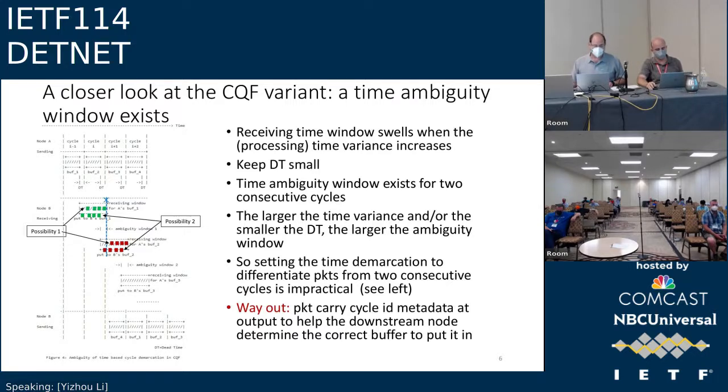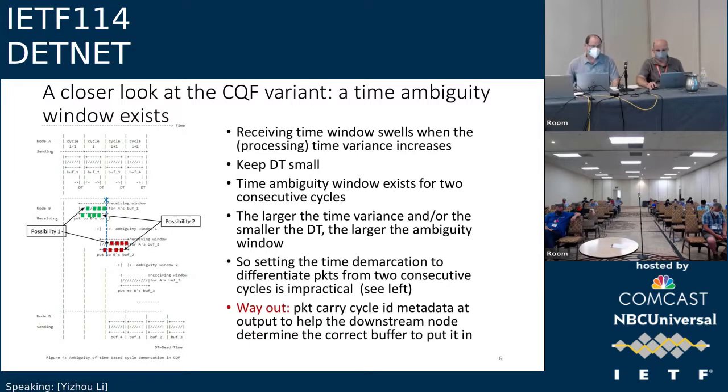Here it would be impractical, because if we set the blue dashed line here, then for case 1, the green and the red packets, which are from different cycles from node A, are perfectly demarcated. However, maybe for the next round, there would again be ambiguity. The leftmost red box here will be wrongly identified as the green one.